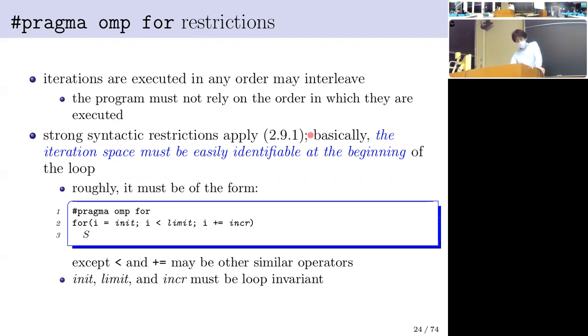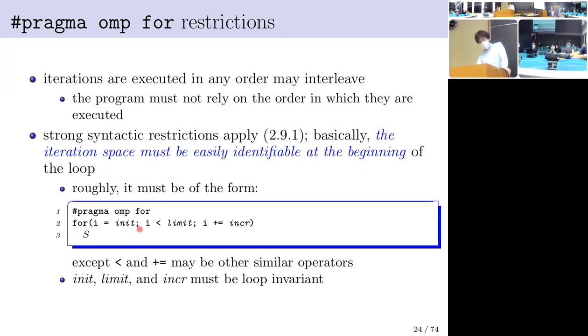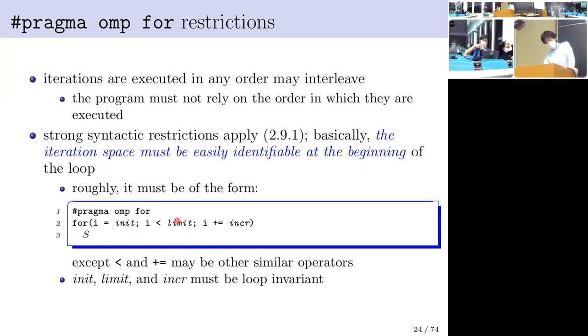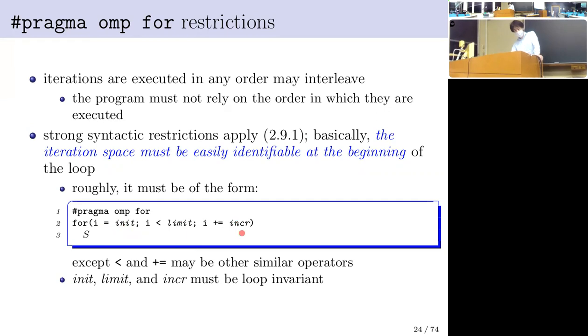Most simply stated, it has to be a very simple, stereotypical for loop like this: i equals something up to some limit, and the increment at each iteration must be constant. This very stereotypical, simplest loop is the only for loop that this OMP for can apply to.